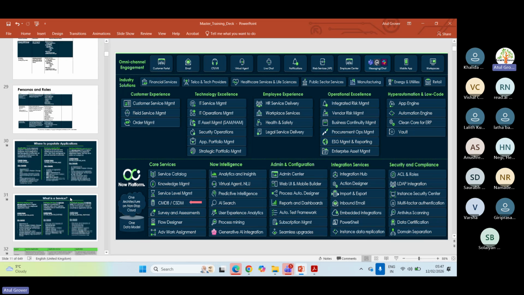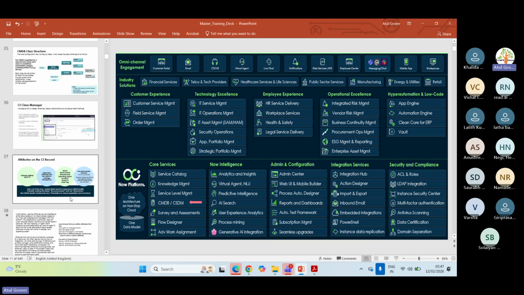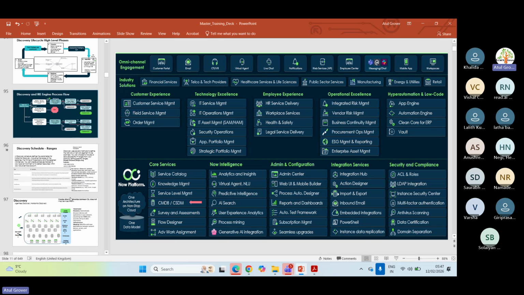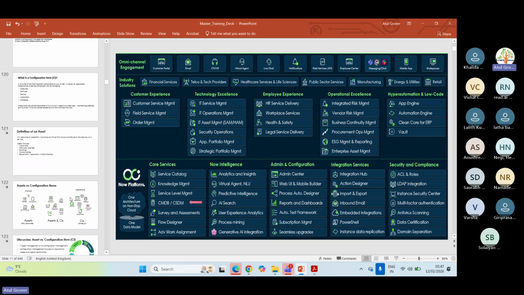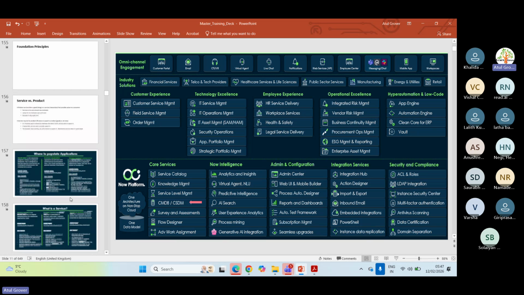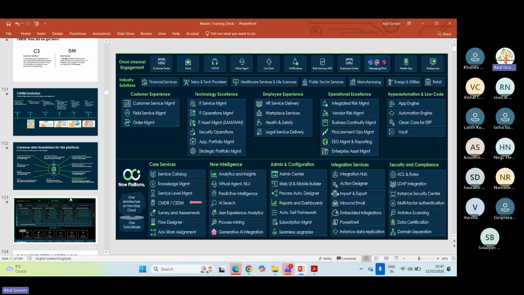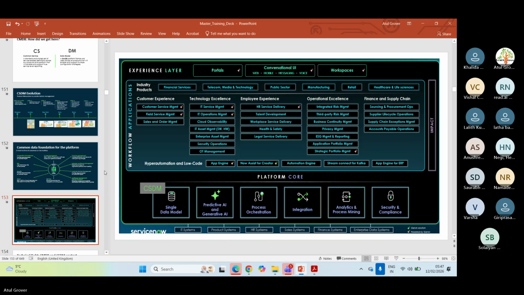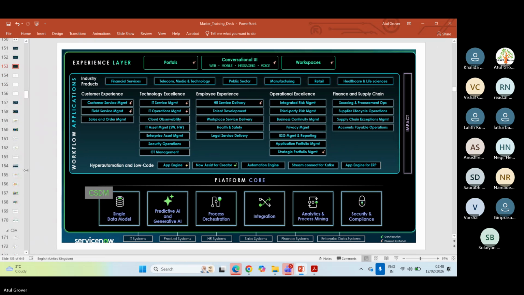So now if I come to my latest image, you will notice that we started with slide number 0 and now we have reached slide number 140. Here, this one is the single data model, and that is whether it is outside this box.